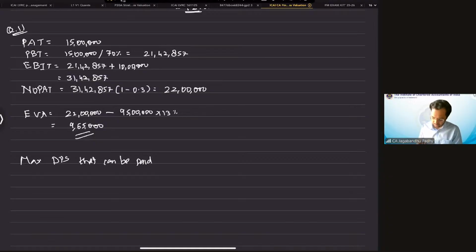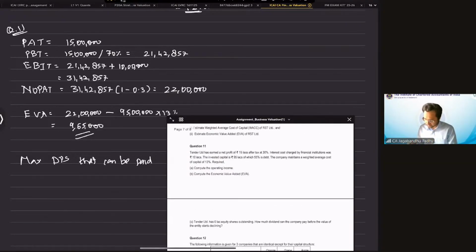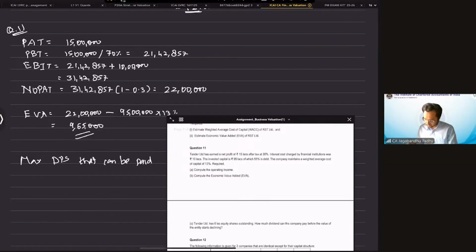So the max dividend per share that can be paid is 9,65,000 divided by the number of shares, 6 lakh.